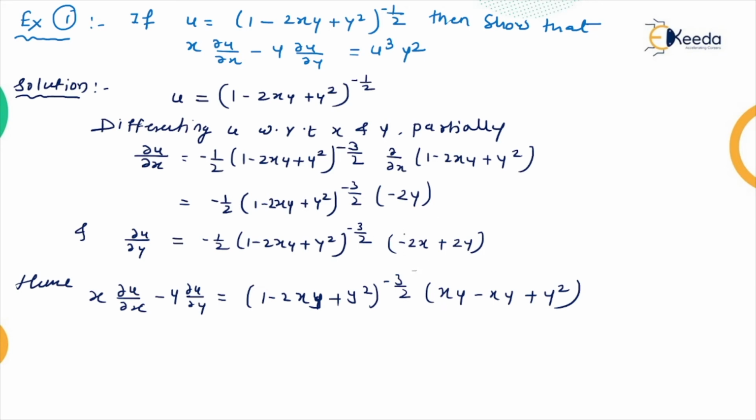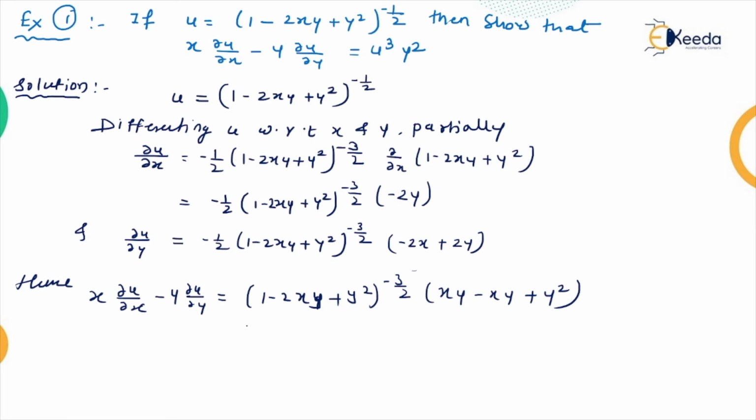Inside the bracket: first, multiplying ∂u/∂x by x, it becomes minus 2xy; then multiplied by minus 2 here, the xy terms get cancelled, and remaining is xy minus y² plus y² minus xy.